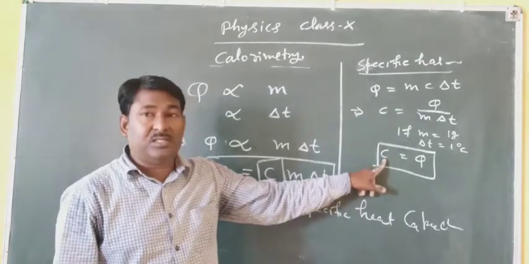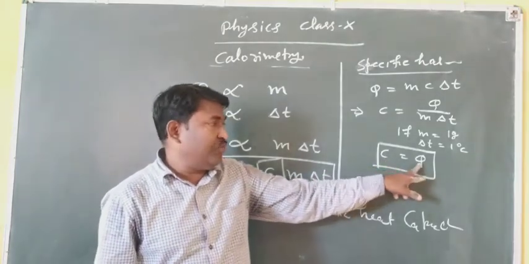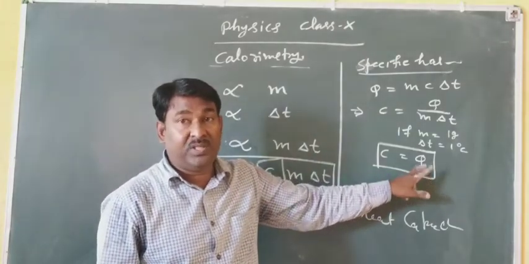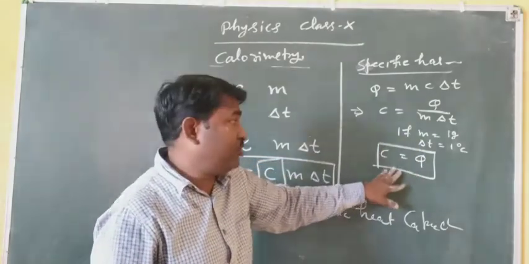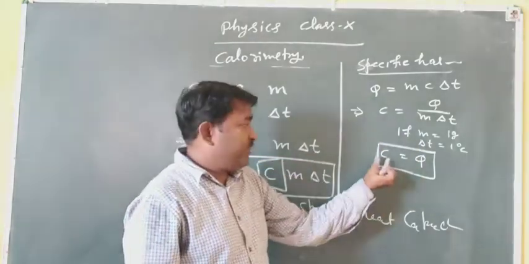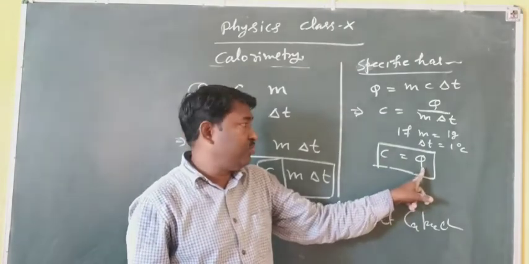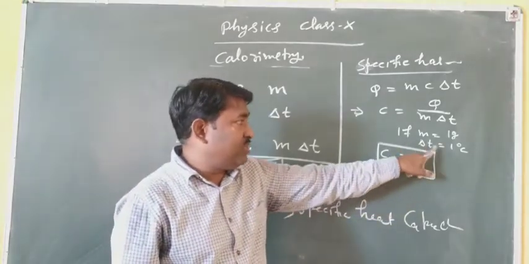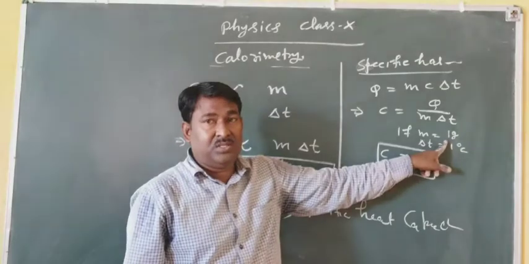So this C is the specific heat capacity, and that is equal to the amount of heat required, with a condition. What is that condition? How can we state it? Specific heat capacity is the amount of heat required, this Q, to increase the temperature by 1 degree centigrade of 1 gram of the substance.